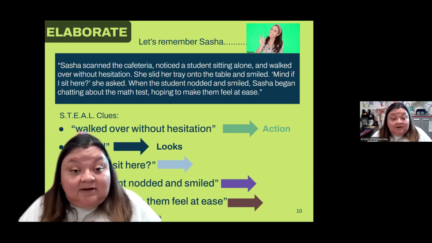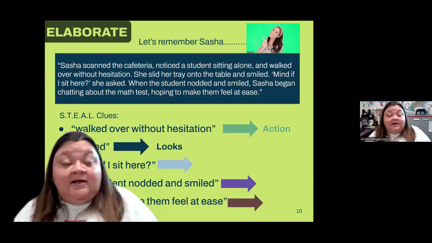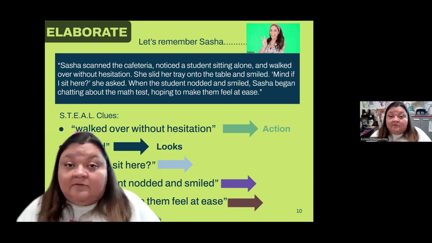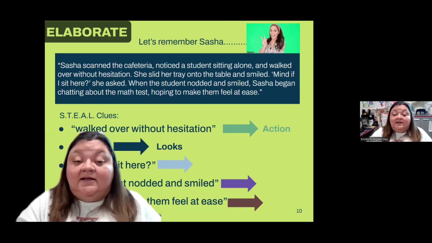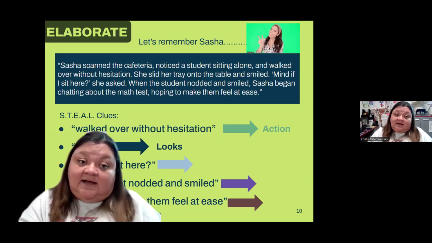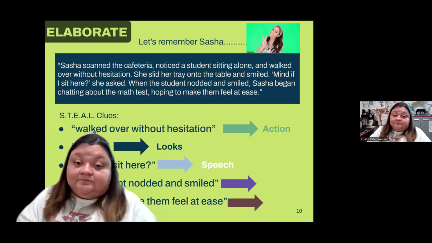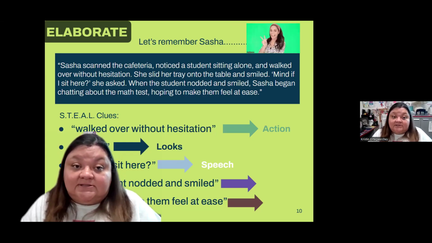She asked a question. Was it a rude question? Did she say, "I want you to move out of the way so I can sit there"? No, she said, "Mind if I sit here?" And using the STILL acronym, or the clues, it shows us through her speech what kind of character she is.